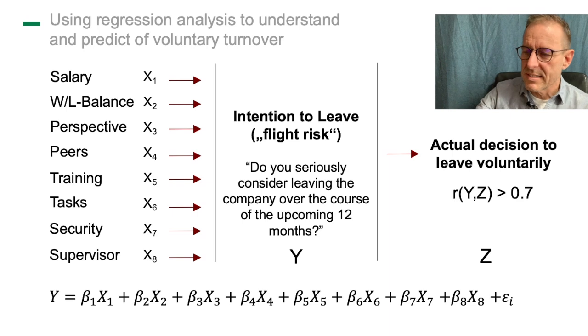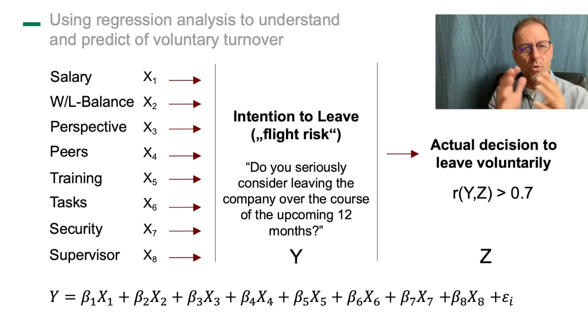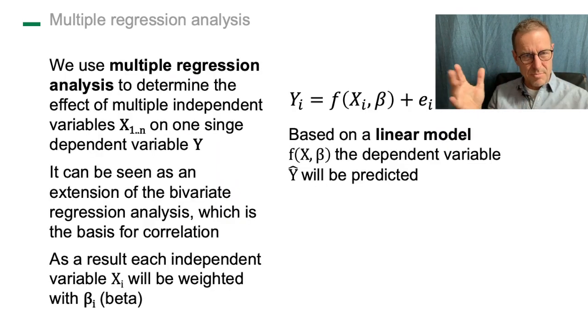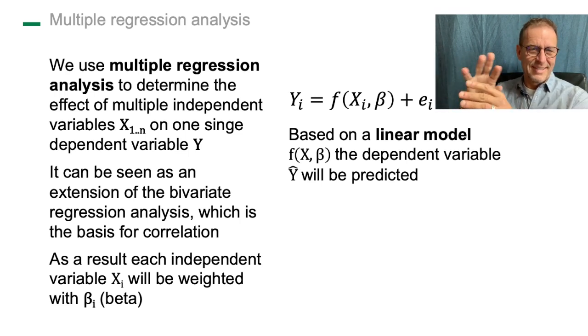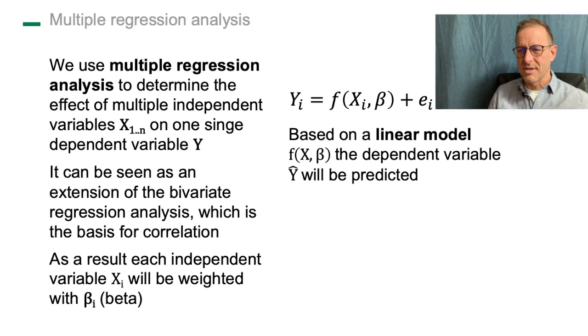Okay, so this is a typical example for multiple regression analysis, and this whole model with the betas and the independent variables, this is a linear model. It sums up to a total value plus you have also some error variance which is not explained through the model.